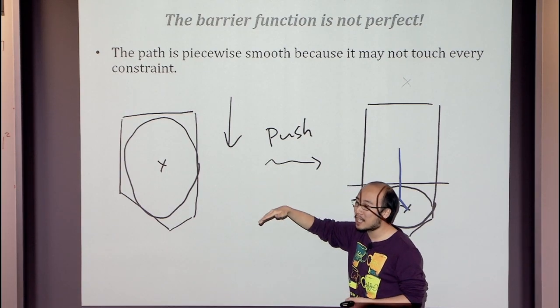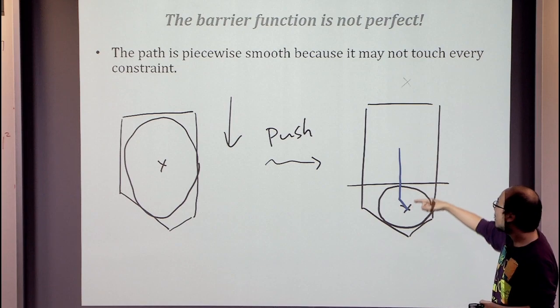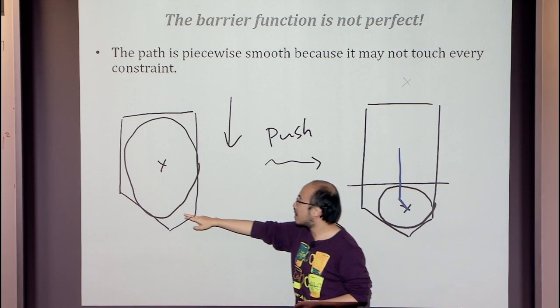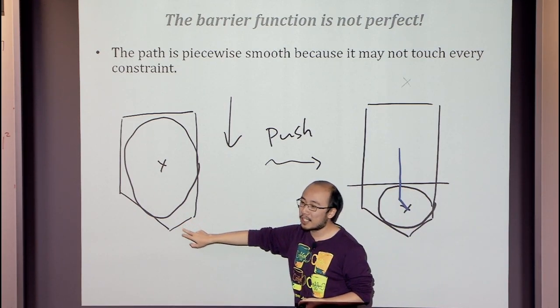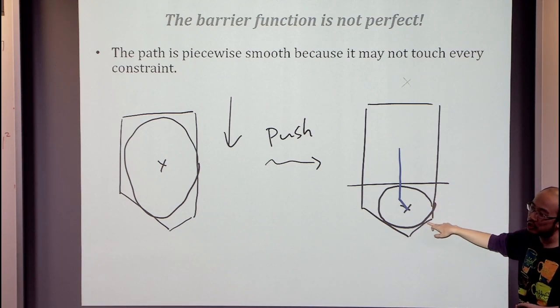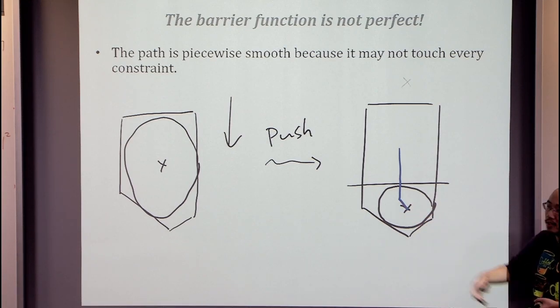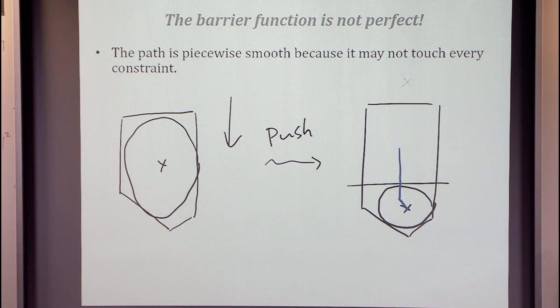For example, if you push the constraint down, originally the ellipsoid doesn't touch this constraint. But when you push it down enough, it suddenly touches this constraint, and then it changes direction because it gets some new information. So this is not a good barrier function.